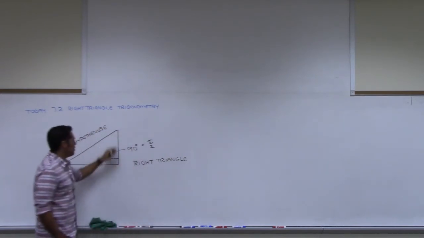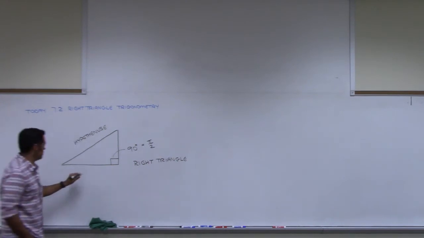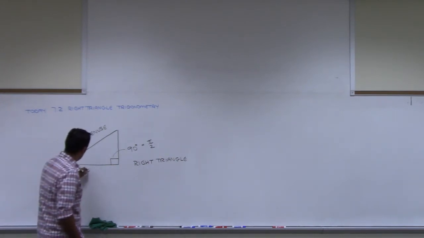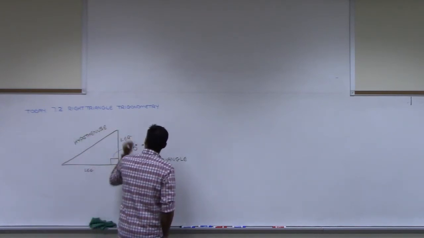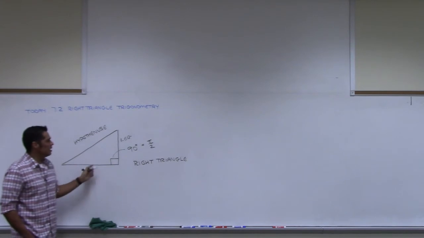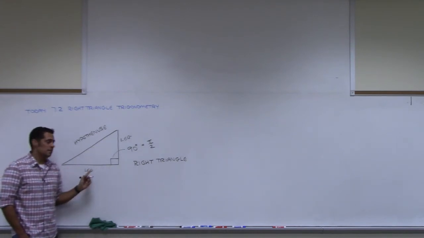And then the two other sides are the shorter sides, and we call these legs. So this is a leg, this is a leg. And sometimes the legs have the same length. Sometimes they have different lengths.